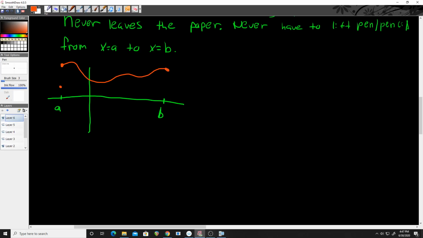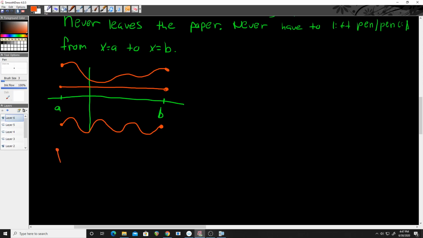Here's another continuous curve. There we go. That's continuous. Here's another continuous curve. Let's see, what else?